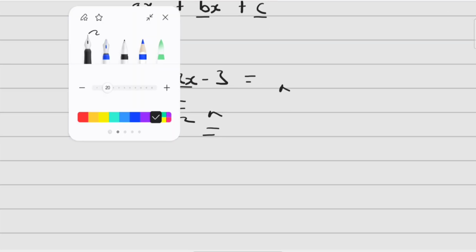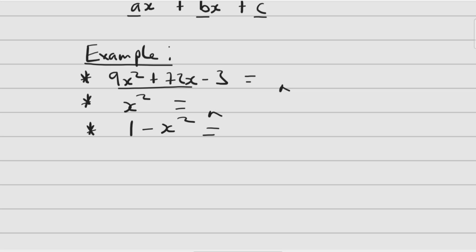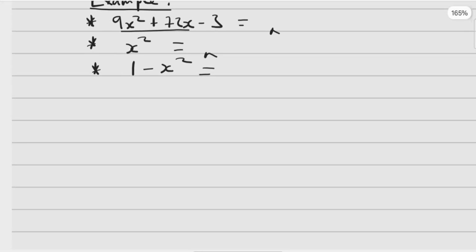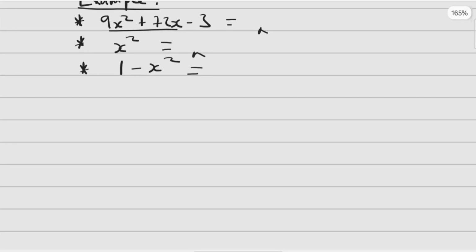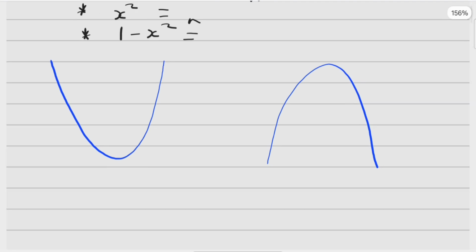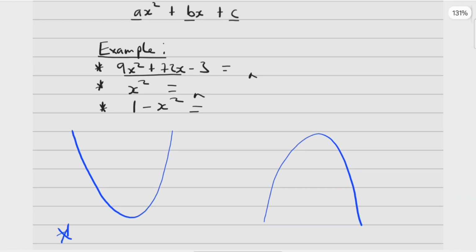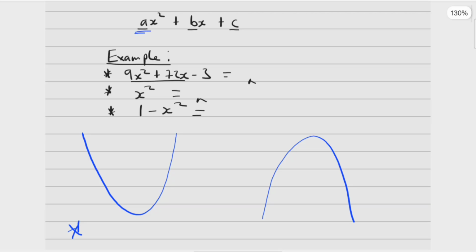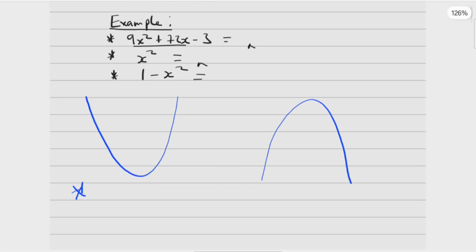And by that I mean, if we were to sketch a quadratic graph, it will look something like this or this, right? And for it to be like this, the coefficient of x squared, our a, needs to be positive.